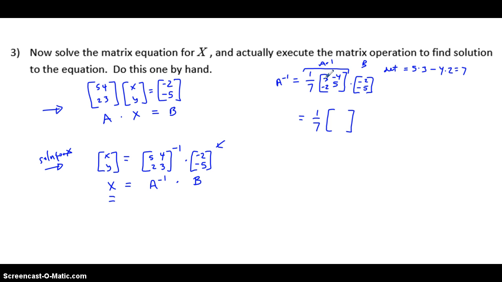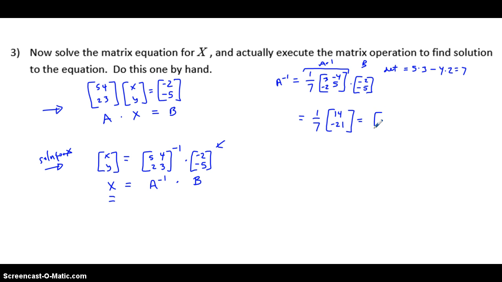So the first entry is going to be 3 times -2, -6, plus -4 times -5, which is a +20. So we're going to have 14 in the top position here. And then the bottom position is -2 times -2, which is +4, plus -25, which is -21.